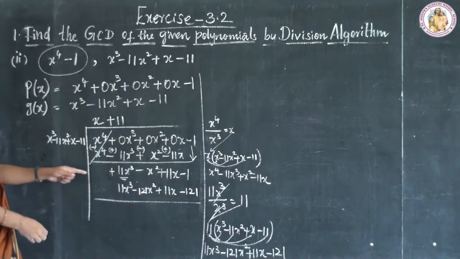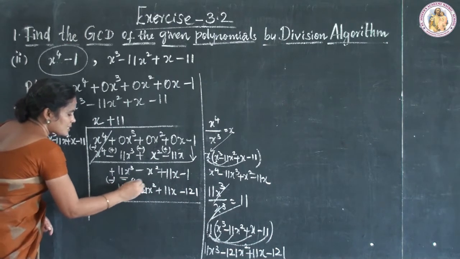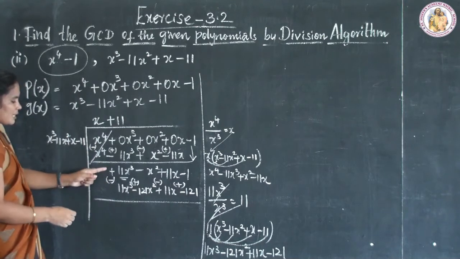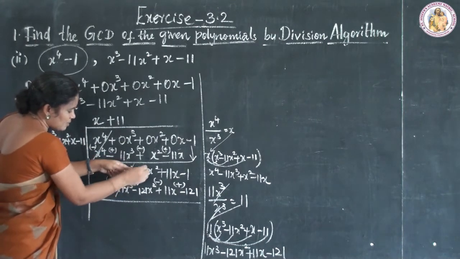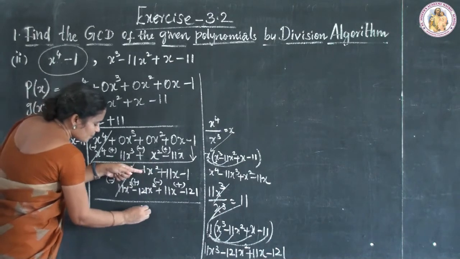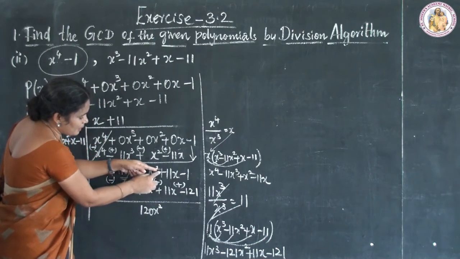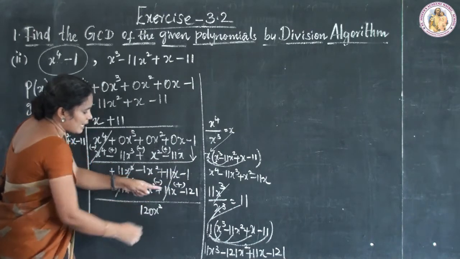Now change the sign, minus, plus, minus and plus. So different signs cancel. Here different signs, plus, minus. Here we have 1. 121 minus 1 is 120x square, and different signs, plus minus 11x, minus 11x, again cancel.